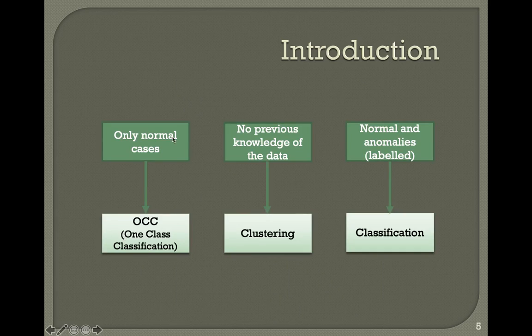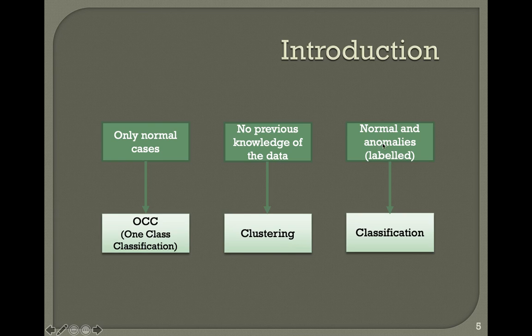So we can classify the techniques based on the data. When we only have normal classes, one type of class, only non-attacks, we apply the techniques of one class classification. When we have no previous knowledge of the data, we have mixed normal behavior and attacks, but we don't know which are attacks and which are normal behavior, we apply clustering techniques.